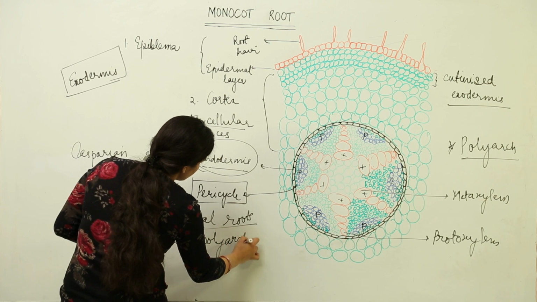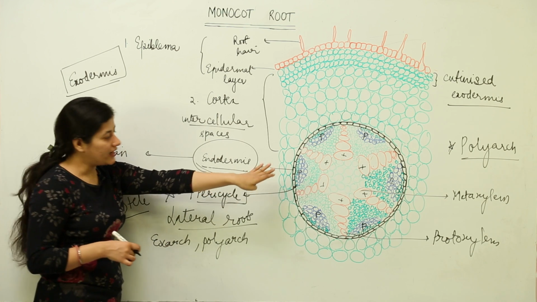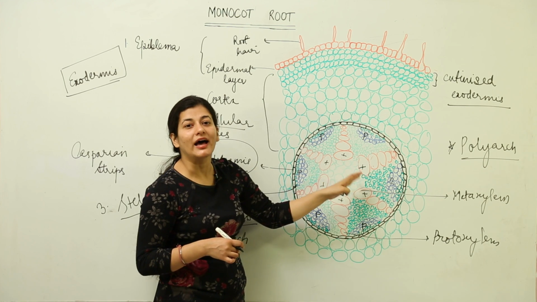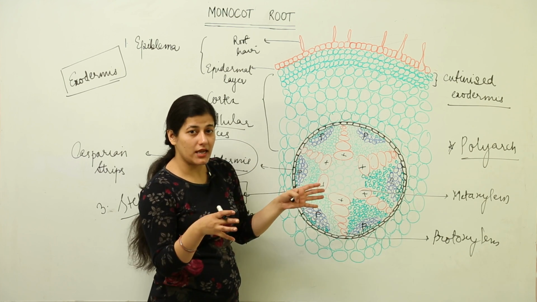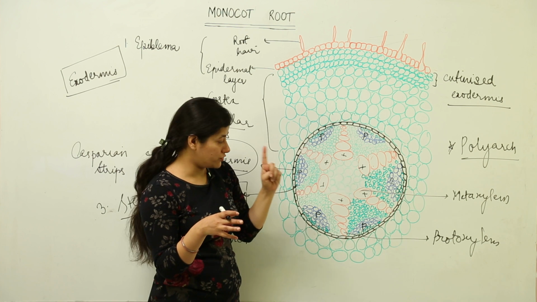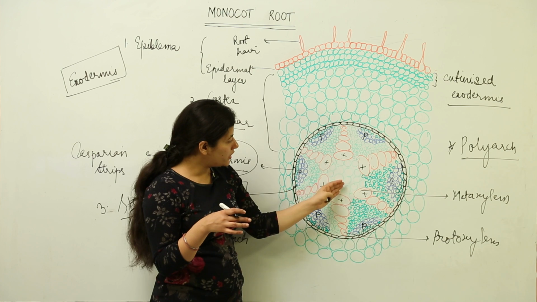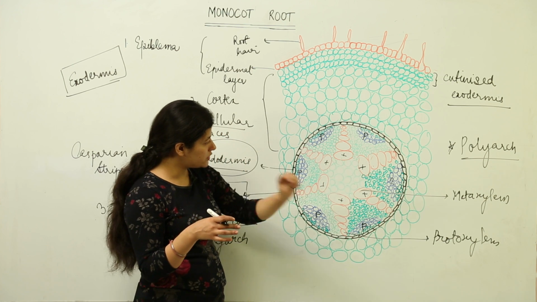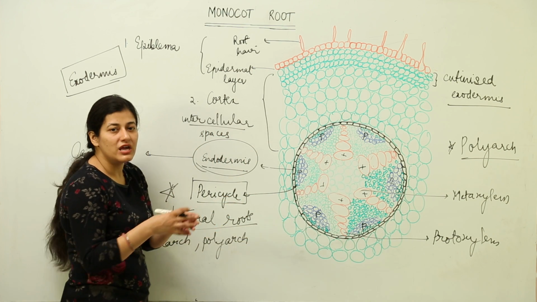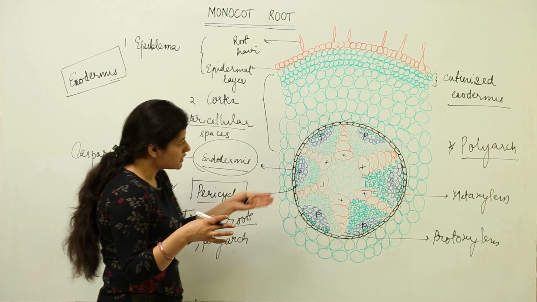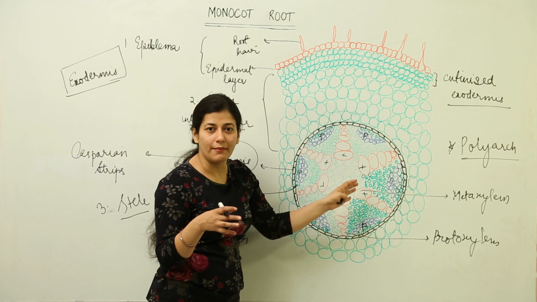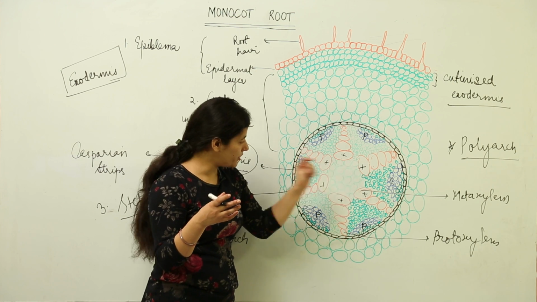And the last point that we discuss is pith. Over here, the pith is highly developed. Unlike the dicot root, which had a very small pith, over here the pith is quite conspicuous. You can see it is large and has large intercellular spaces, with living parenchymatous cells present.